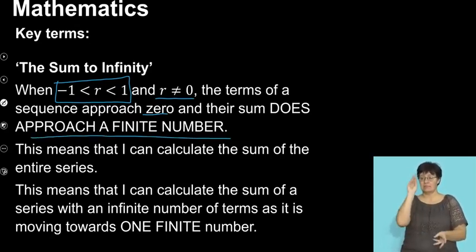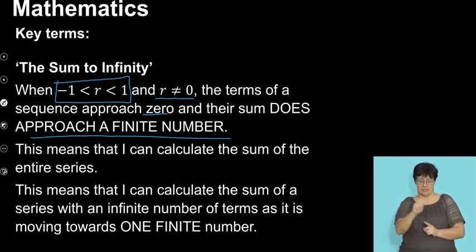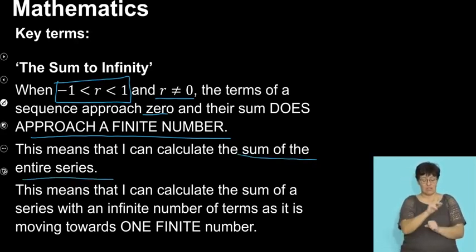So this is essentially just saying when I've got a ratio between -1 and 1, the series is convergent. So when a series is convergent, it means that I can calculate the sum of the entire series. So that's quite cool.